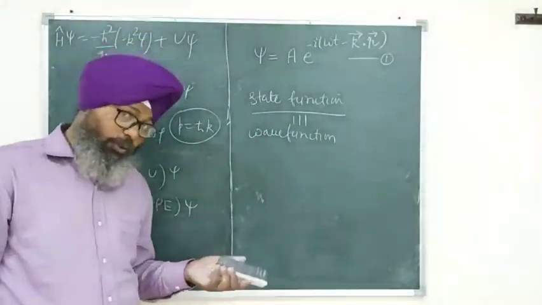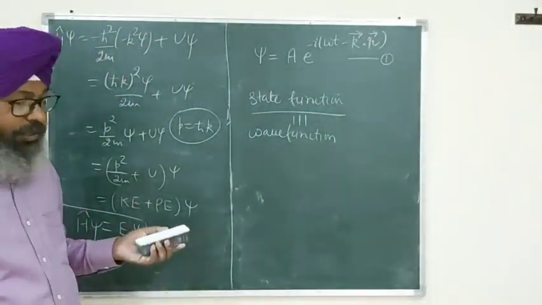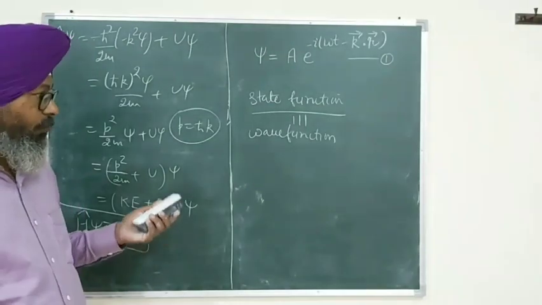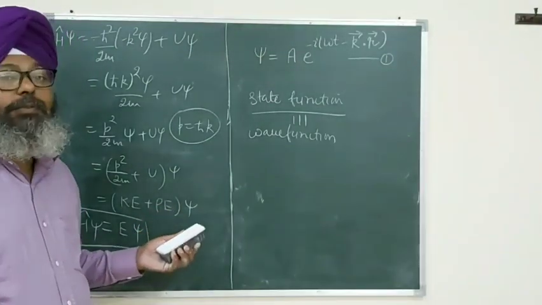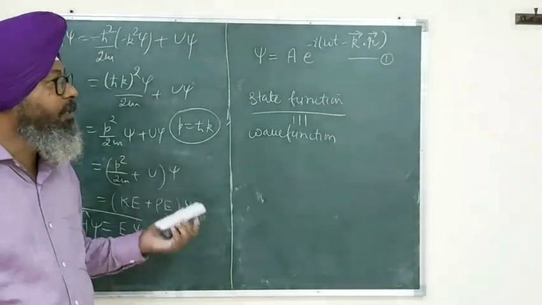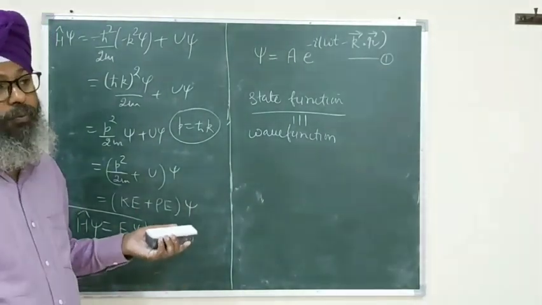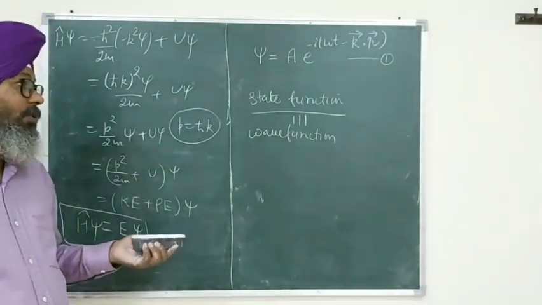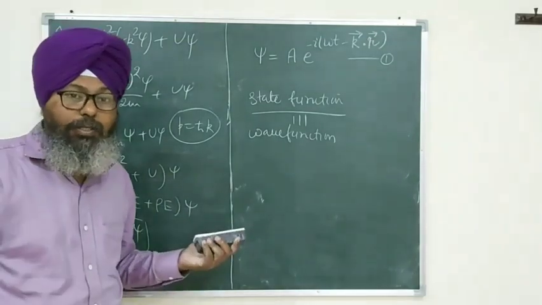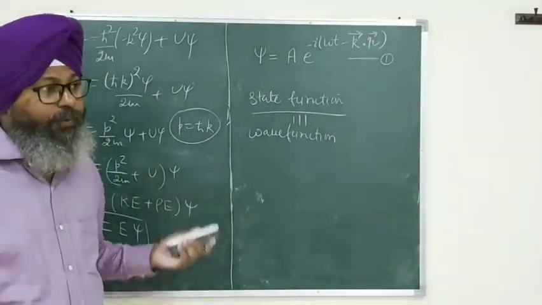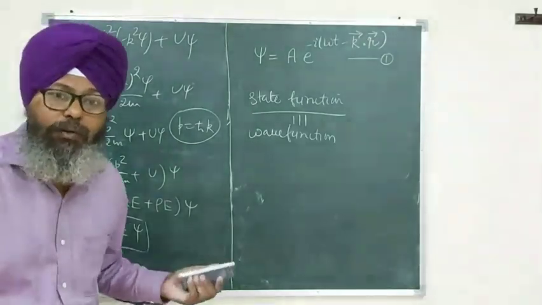This is a question which is normally asked: why is the wave function called the state function? Because the wave function can give all the physical parameters of a system, and if we know all physical parameters of a system, then its physical state is known to us. So if we know the wave function of a system, we know the state of a system.